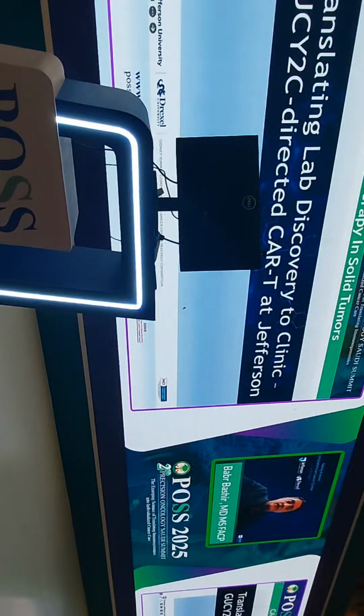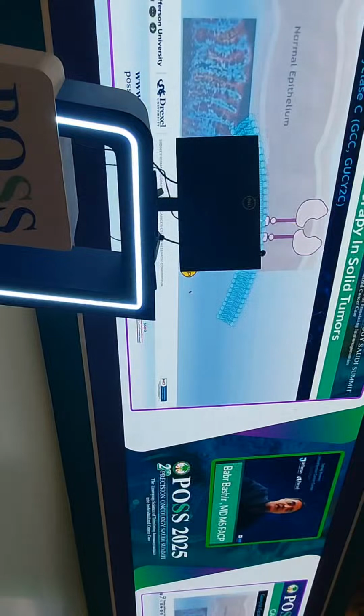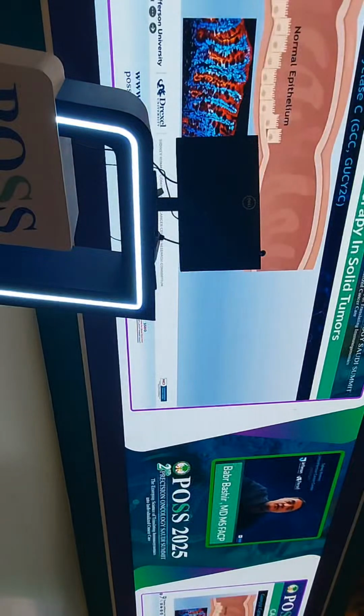Guanylyl cyclase C, or GCC, as I will illustrate later on in this slide, is an intestinal receptor that's required for intestinal homeostasis. Upon activation by its cognate ligand, it results in activation of cGMP. Now, if you think about colorectal cancer, normal epithelium of the colon has abundant expression of GCC, so it is a self-antigen.